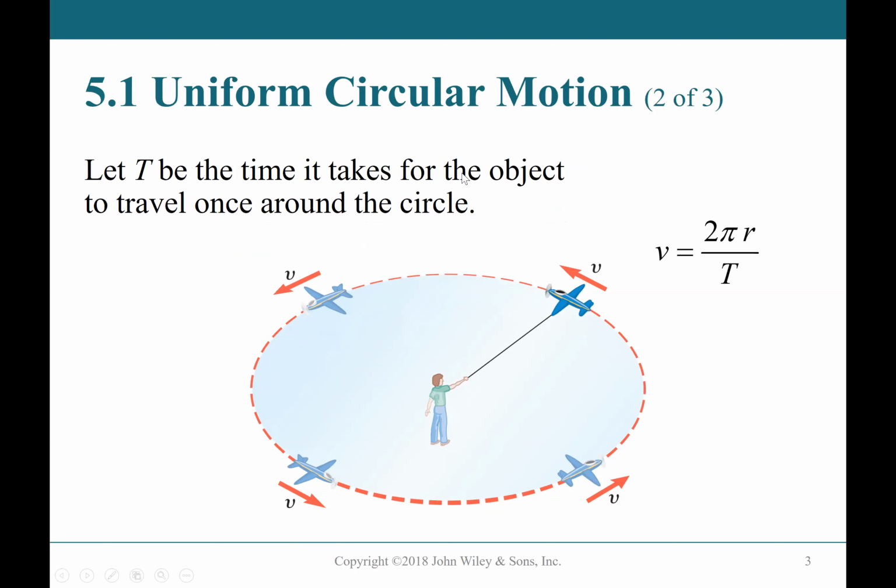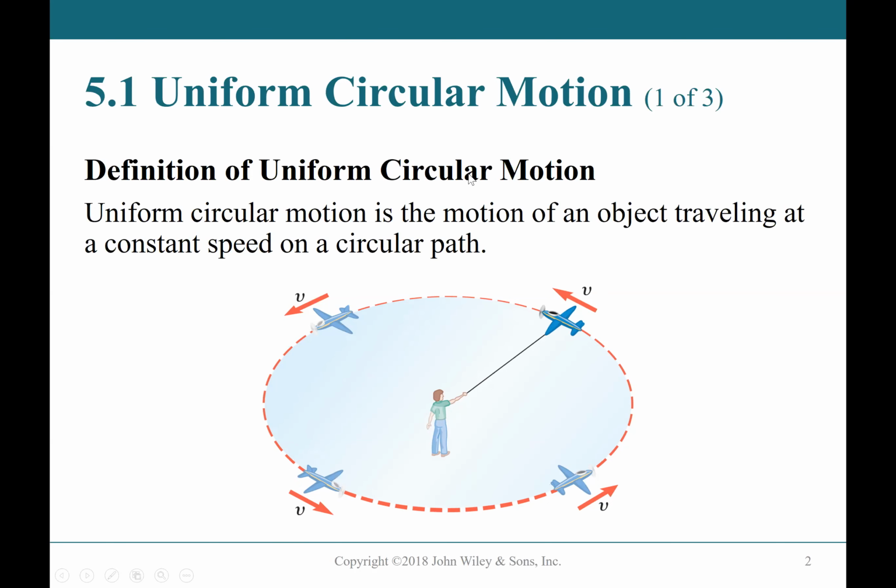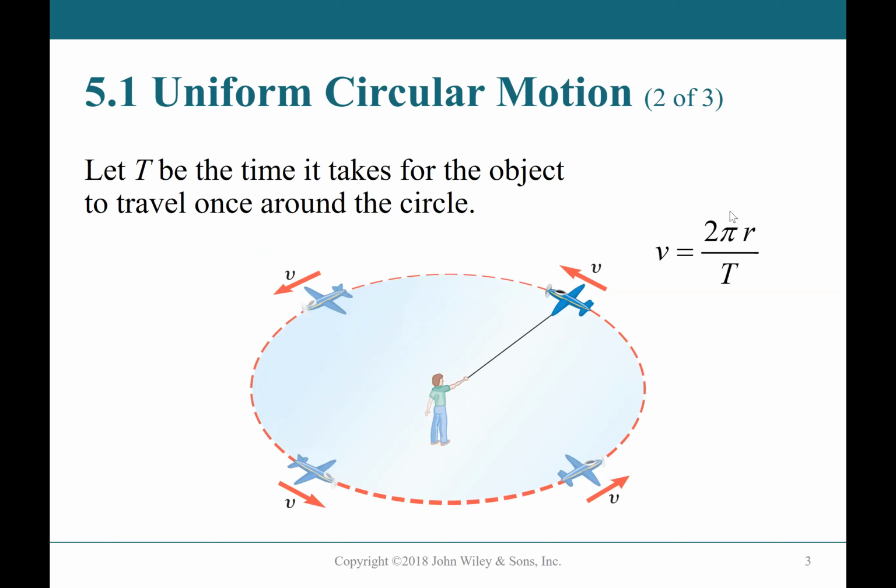What is that speed? That speed is distance over time, but the distance that an object travels, if it makes one complete circle, is the circumference of a circle, which is 2 pi r. So my distance is 2 pi r.